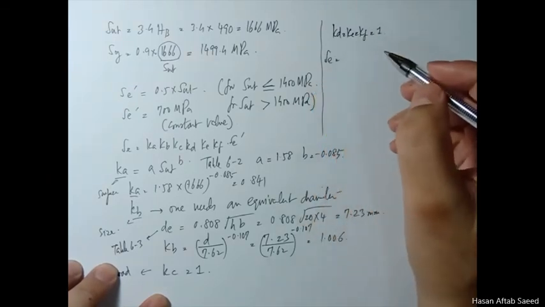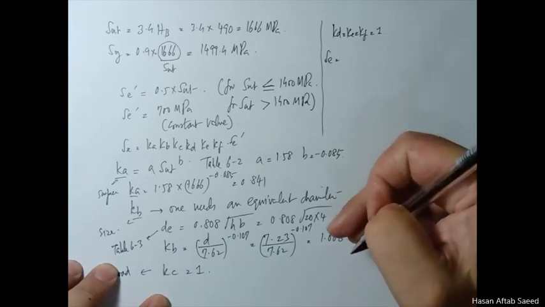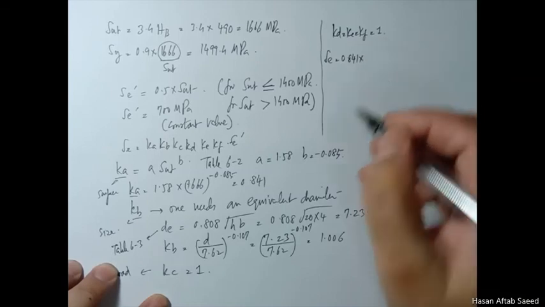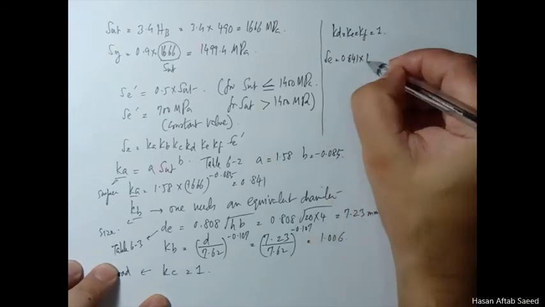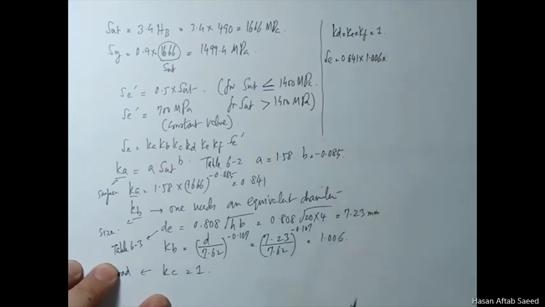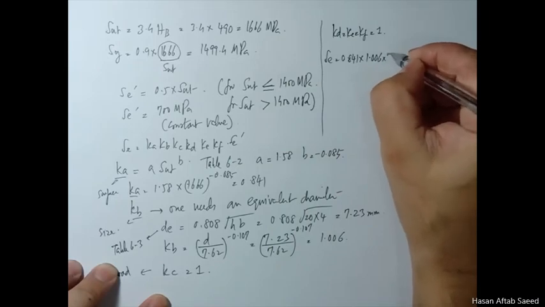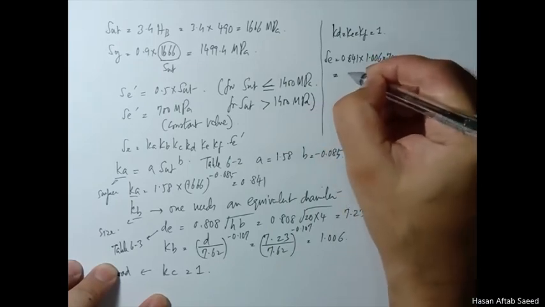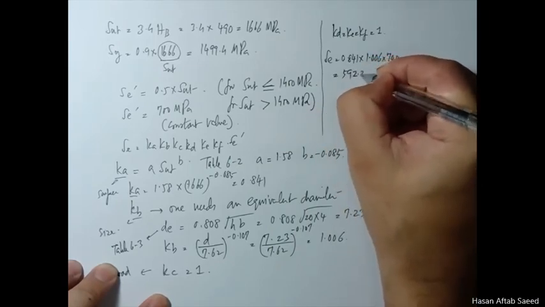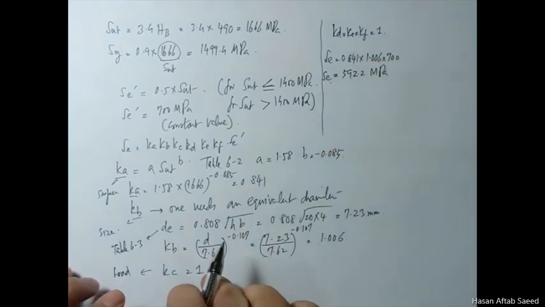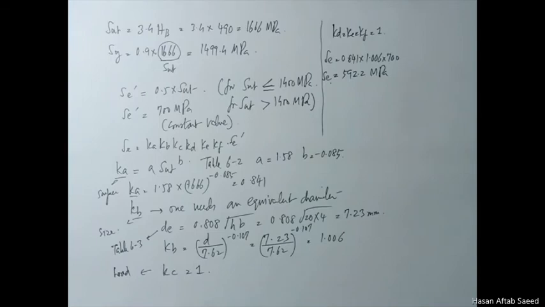So SE simply turns out to be 0.841 into 1.006 into SE prime, which is 700, and that is 592.2 MPa.